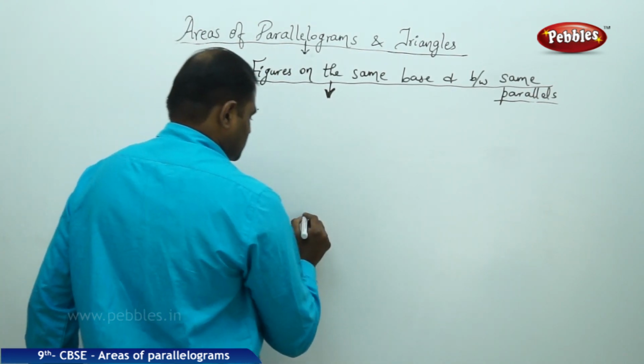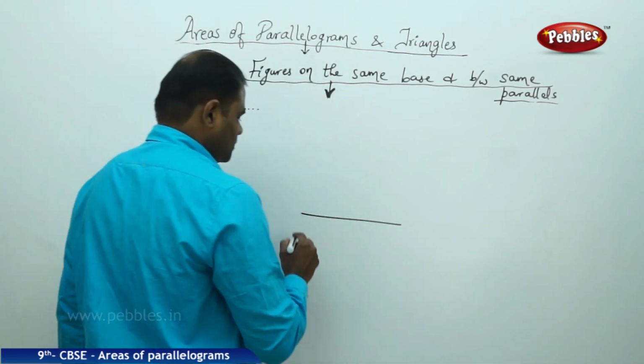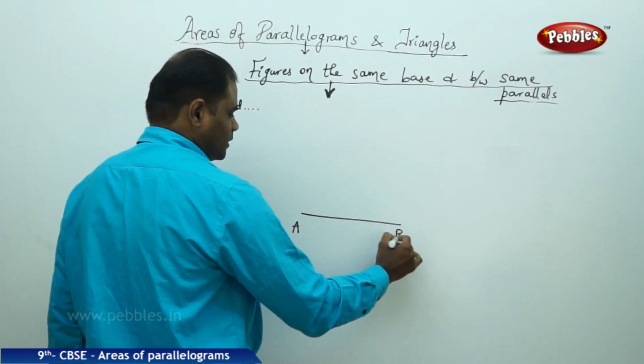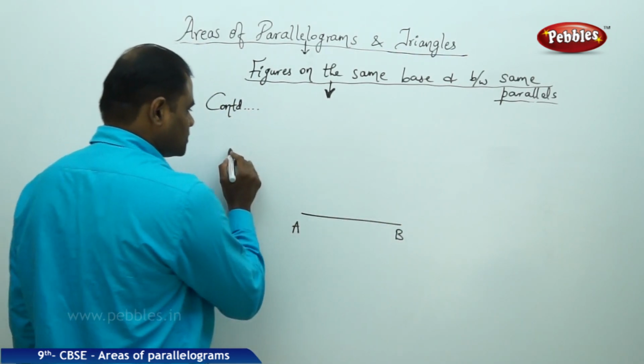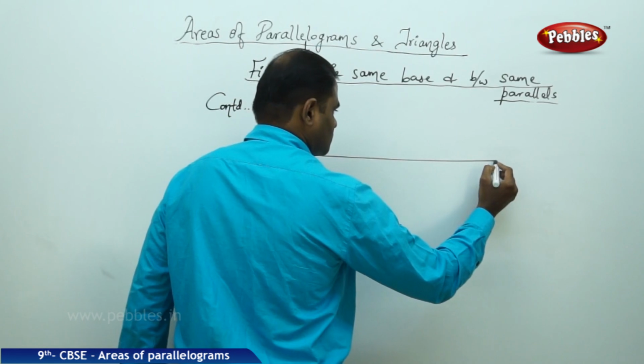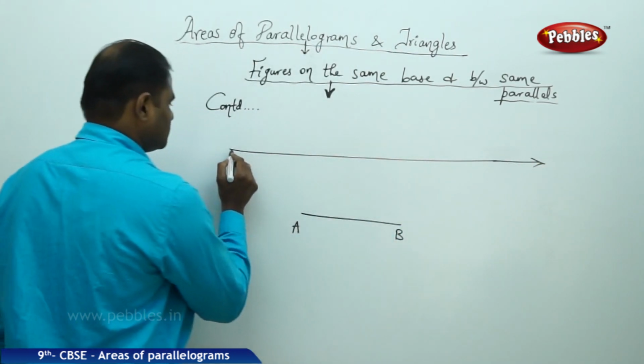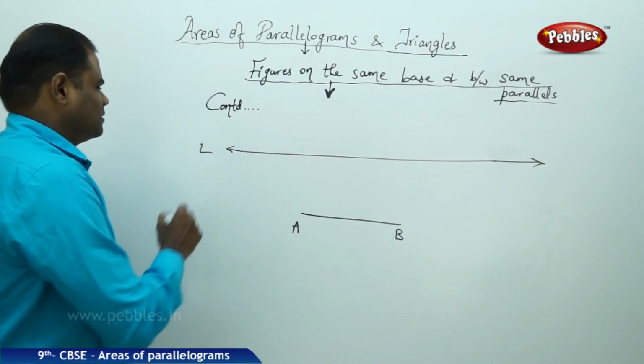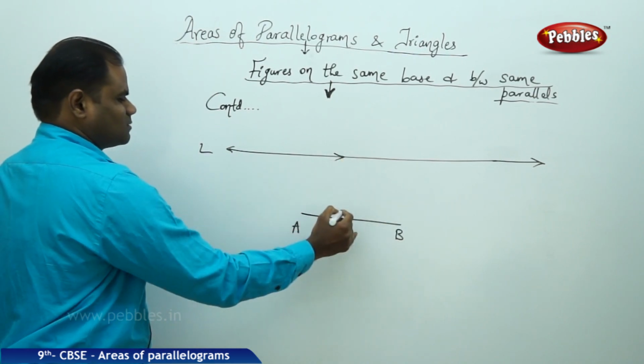Now here, let me take the base AB and let me take a line which is parallel to this.